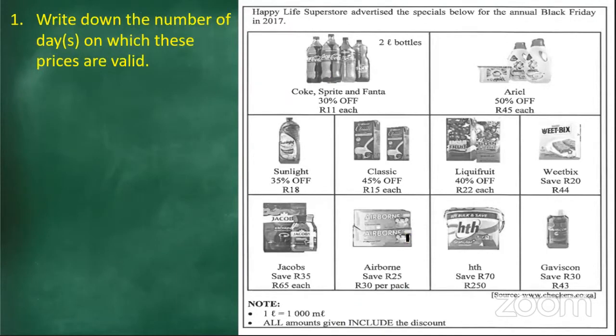The keyword here is number. You want to know the number of days on which these prices are valid. Which ones are those?